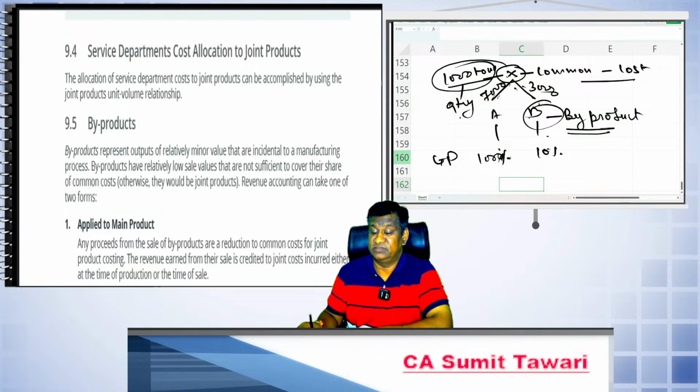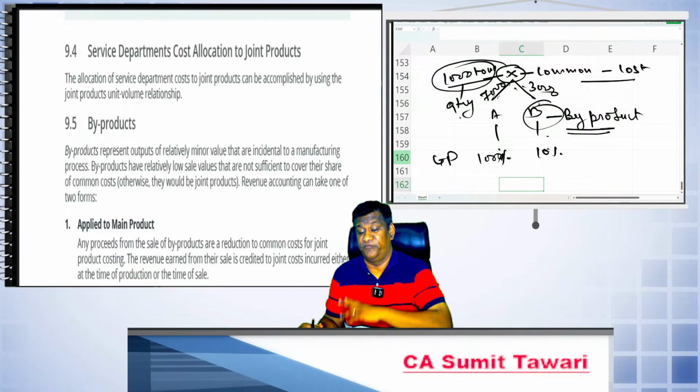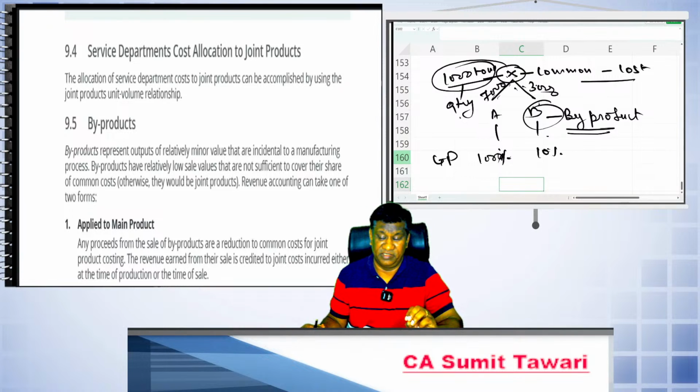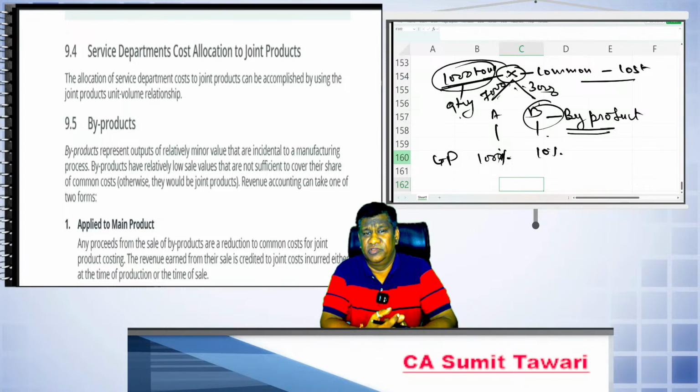So that's why we need to use the realizable net value or sell value at split off point. But from my practical experience, mostly the companies are allocating the joint cost on the basis of the production or the quantity produced.